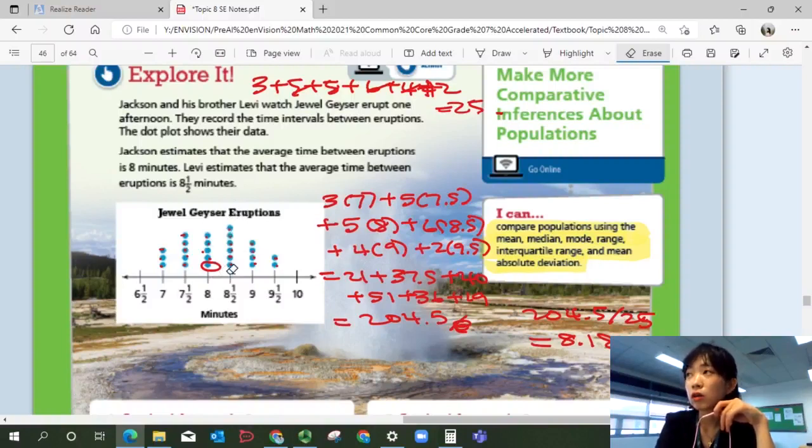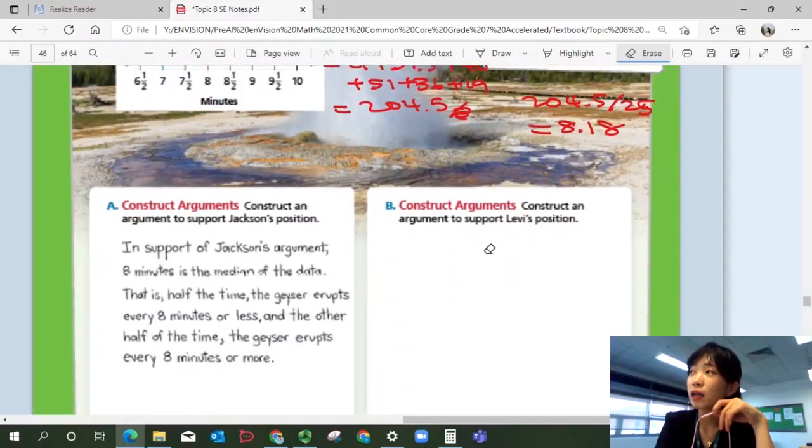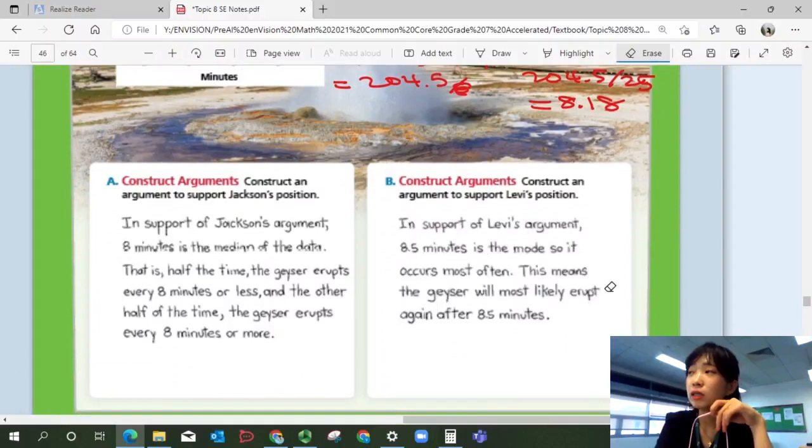Because 8.5 is the number that appears the greatest number of times in the data. So we can say in support of Levi's argument, 8.5 minutes occurs most often. And so this means the geyser would most likely erupt again after 8.5 minutes.